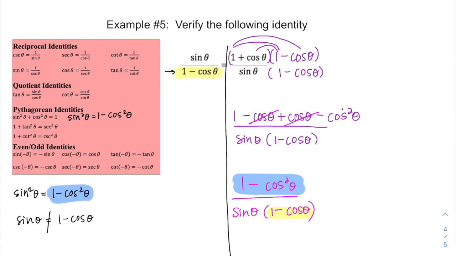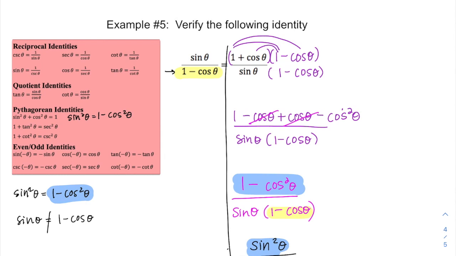That does equal something. 1 minus cosine squared, well, that's sine squared. So what I have now is sine squared theta over sine theta times 1 minus cosine theta. So I can use my Pythagorean identity to take 1 minus cosine squared and turn it into a sine squared.